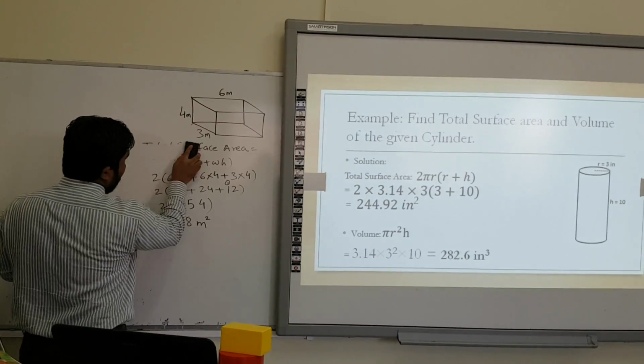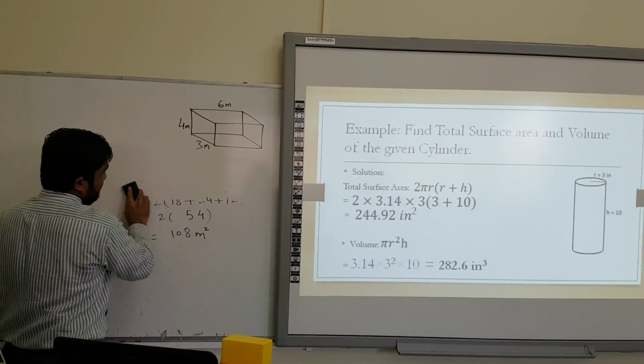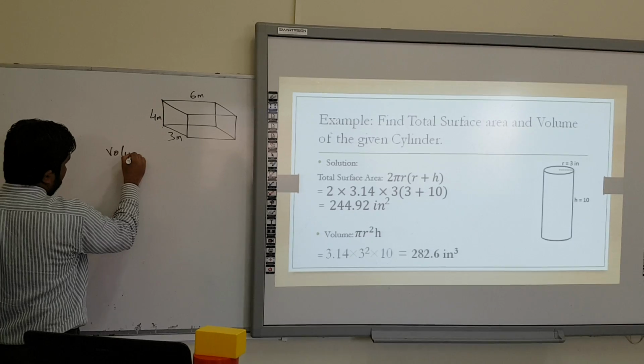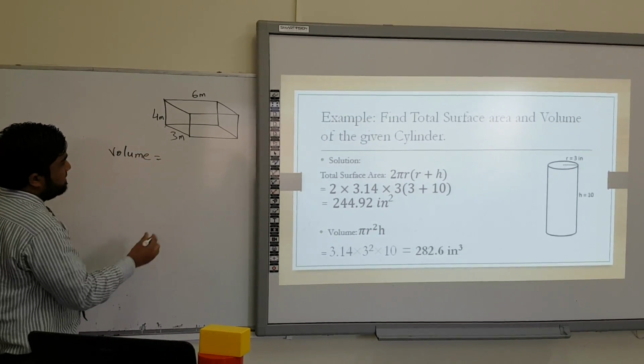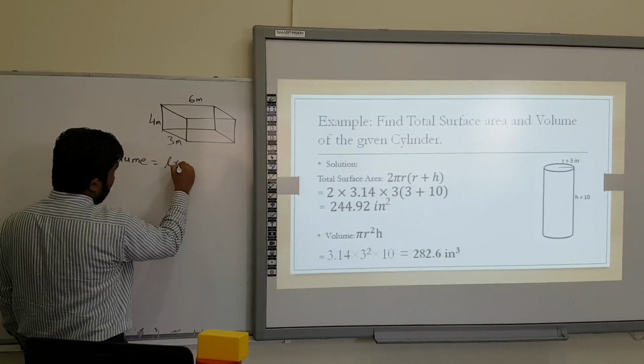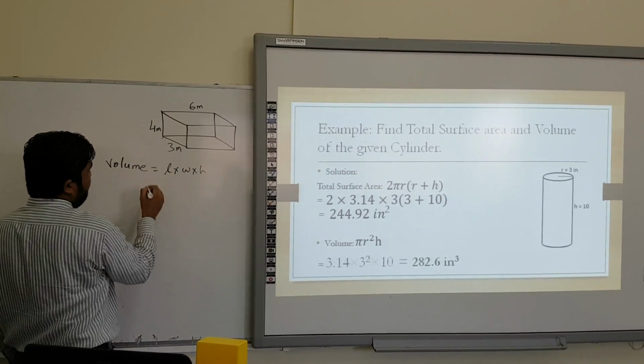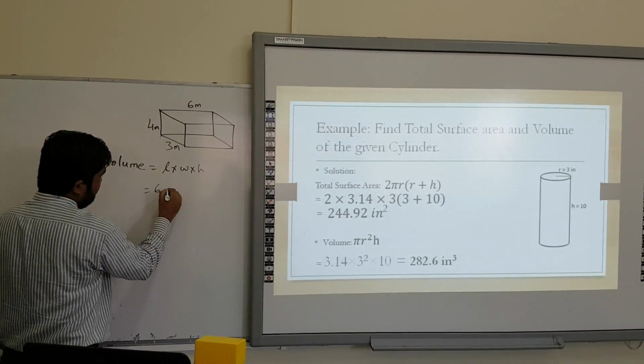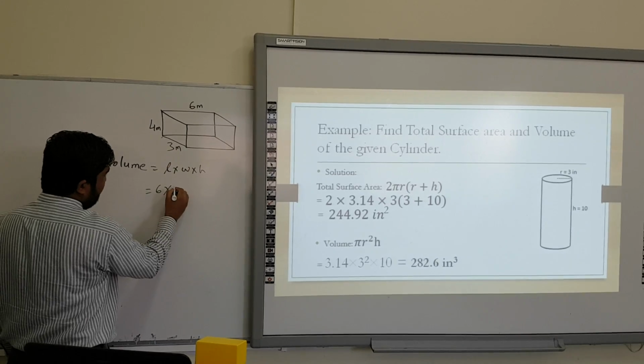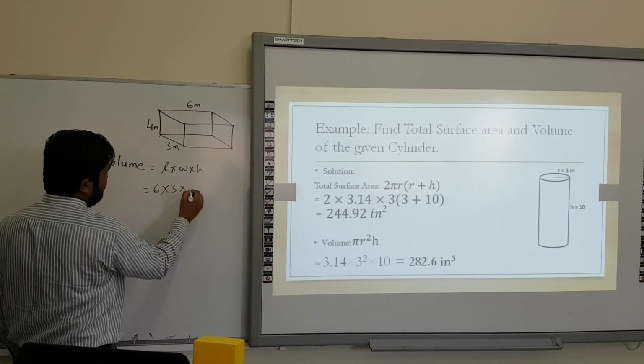So if we have the formula, volume is length multiplied with width multiplied with height h. So we have the dimensions, length is 6 multiplied with width as 3 multiplied with height as 4.